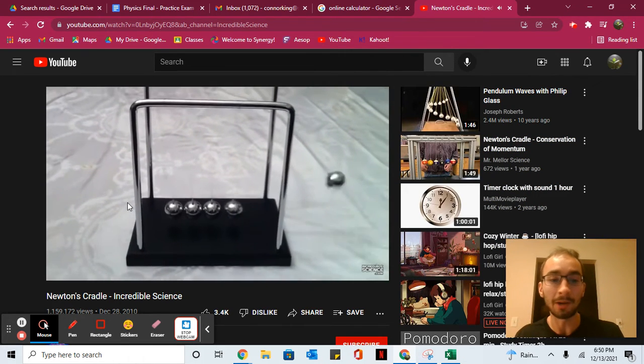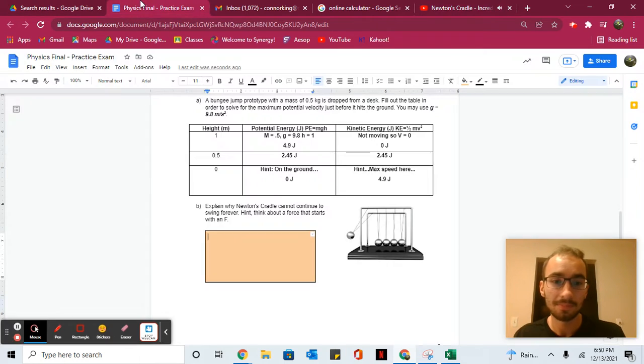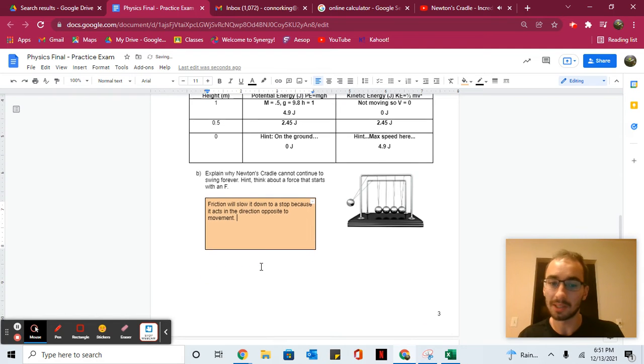It'll go on for a while, but eventually something called air resistance and or friction will slow it down. The friction will slow it to a stop because it acts in the direction opposite to movement. So friction is what's always slowing something down.